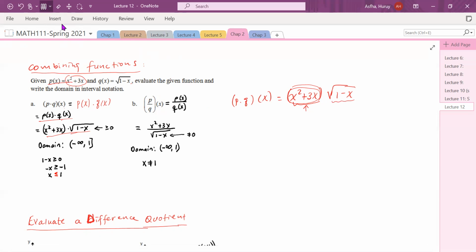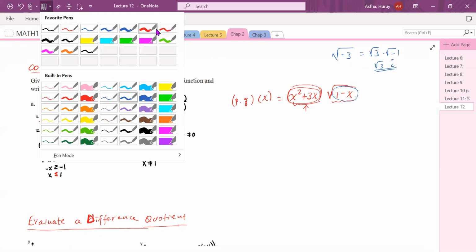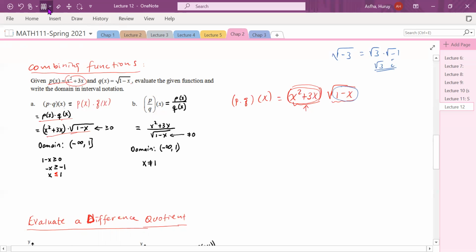For example, if the inside part is negative, say 1 minus x is -3, what happens? This is root of -3, which is root 3 times i, an imaginary number. We are trying to avoid such things, which means we don't want the inside to be a negative number.